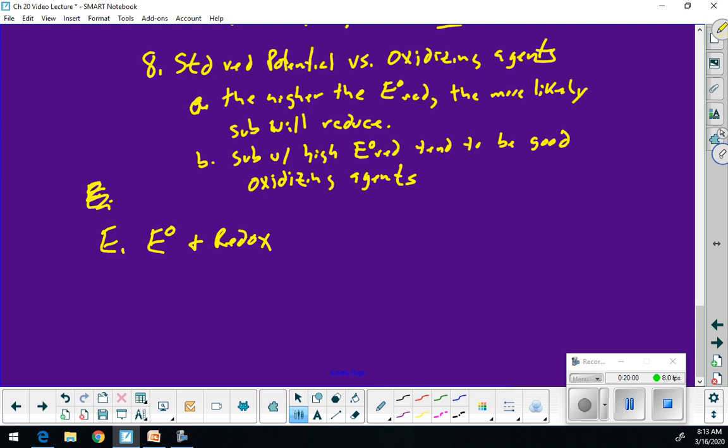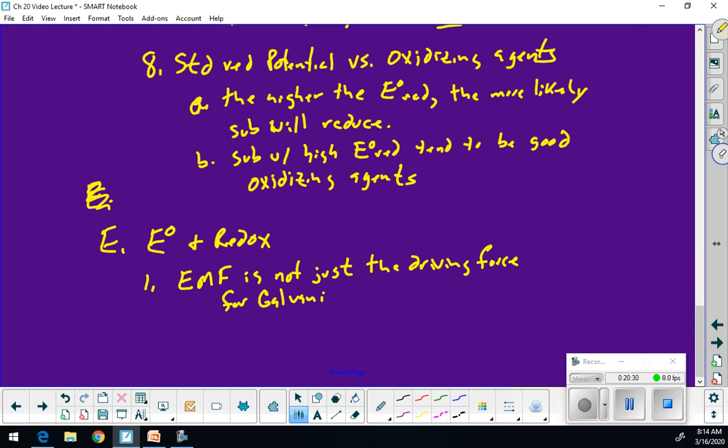All right. So I can use my standard reduction potentials, well, let me rephrase that. My EMF is not just the driving force for galvanic cells, but really it's valid for all redox, right?